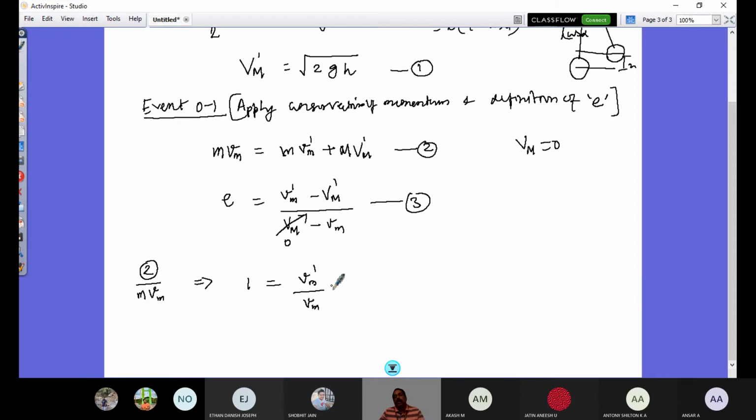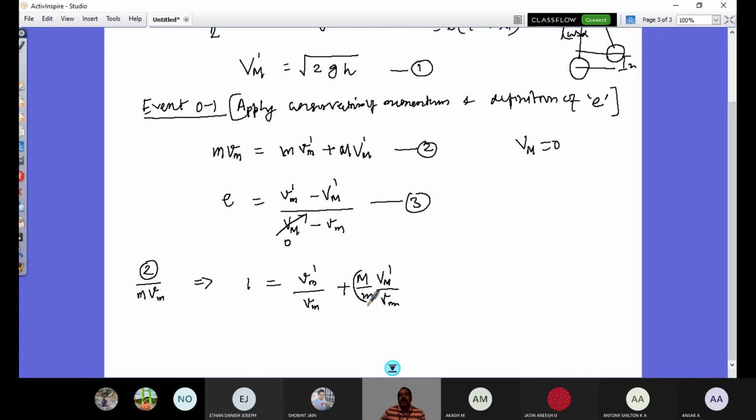So velocity of ball after collision divided by velocity of ball just before collision, right? And that's going to be here plus capital M by small m into capital V capital M dash by vm.